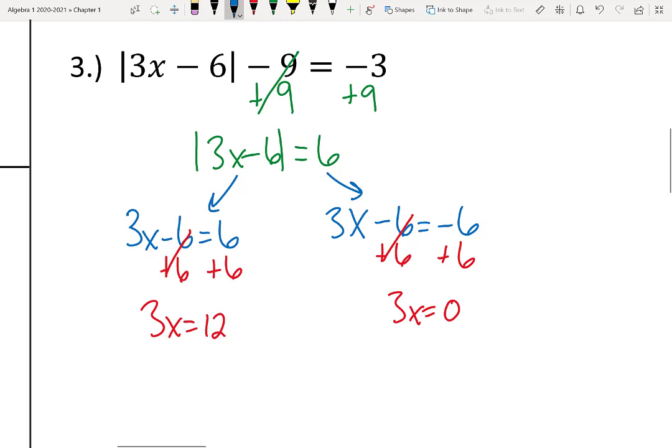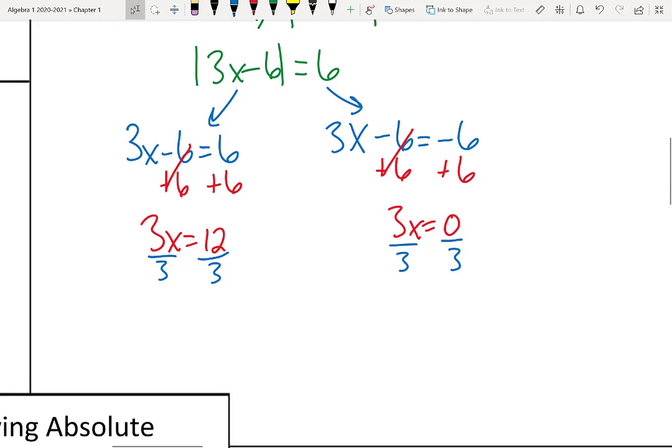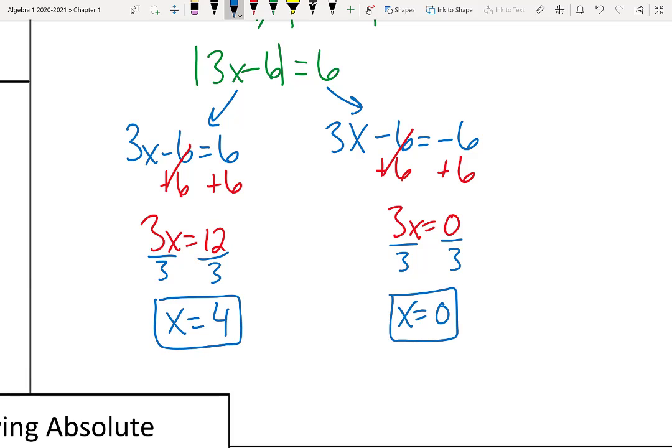So when I do this last step of dividing by my coefficient, which is 3, on both the left-hand equation and the right-hand equation, I get x equals 4 for one solution, and x equals 0 for the other.